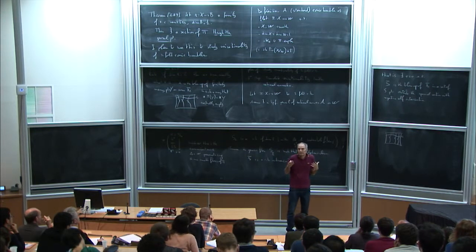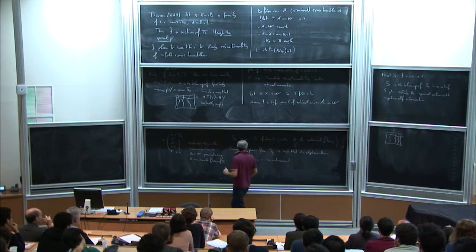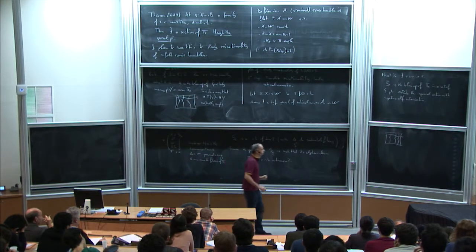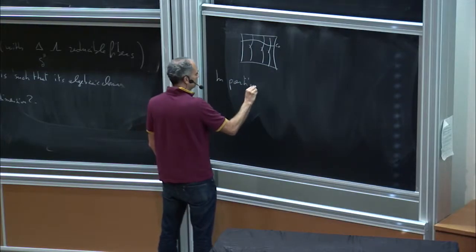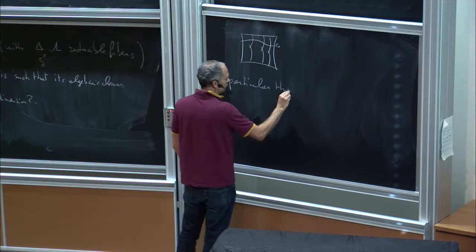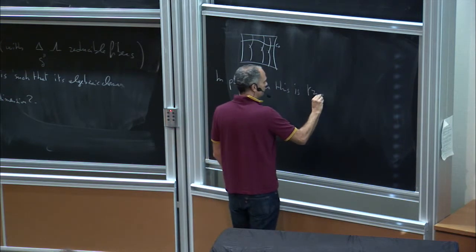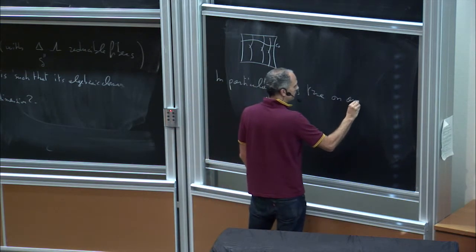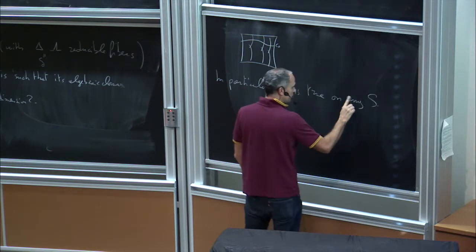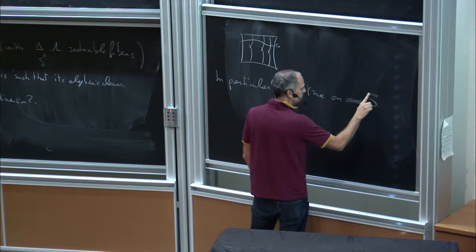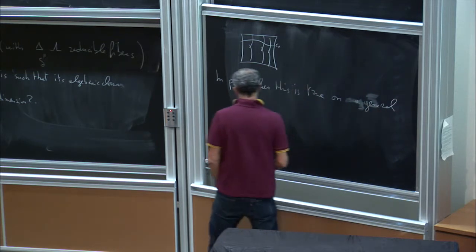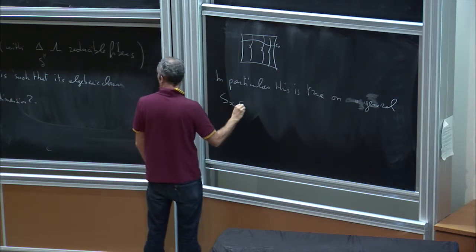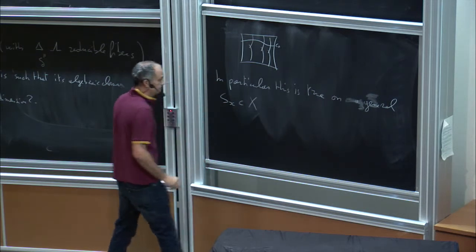The main problem is that I can't do it in a family, but one by one I can make it. Okay? So in particular, this is true on a general Sx inside my X. Okay?